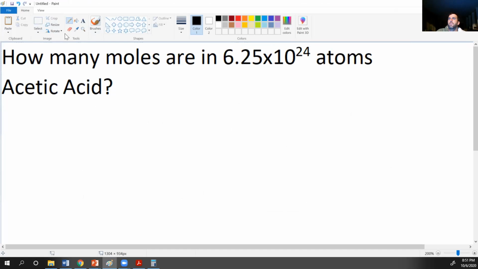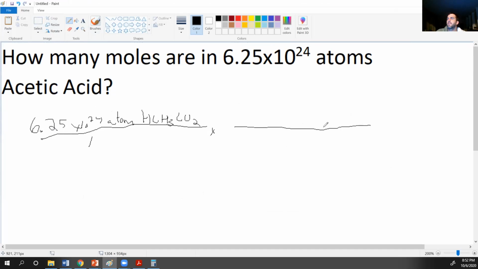So take what I know, put it over 1, 6.25 times 10 to the 24th atoms. I can't just put acetic acid. I have to put my formula there, which is HCH3CO2 over 1 times atoms. Acetic acid goes on the bottom.